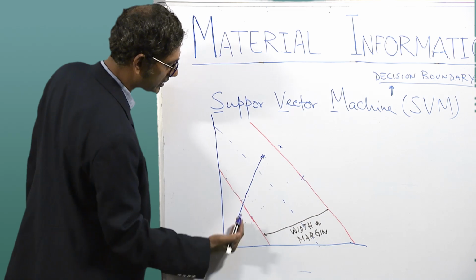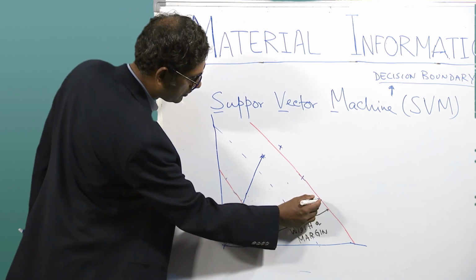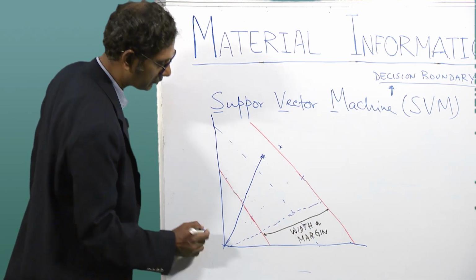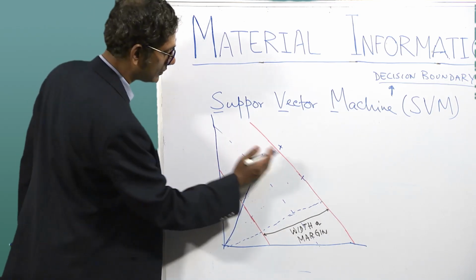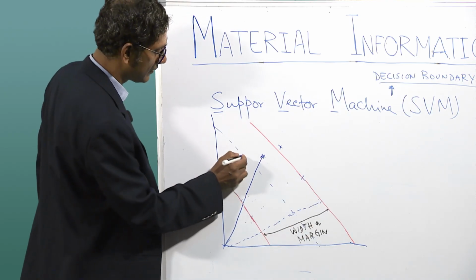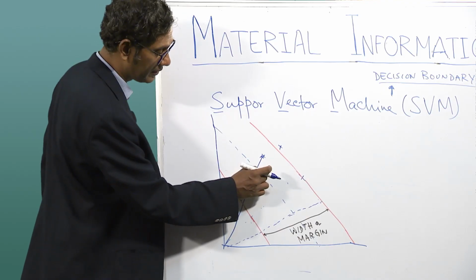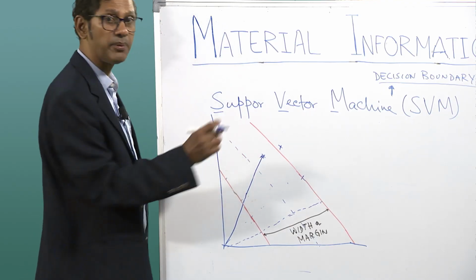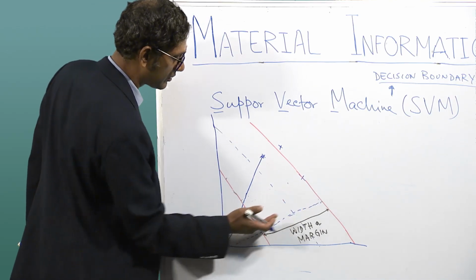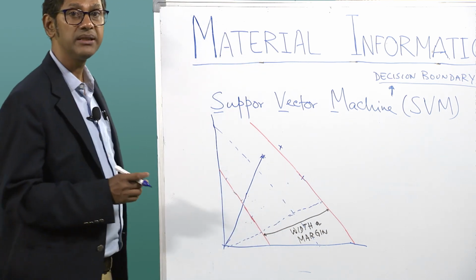So, if I project this line onto, parallel to this width, okay, project this line parallel to width, and if this distance is going to be larger than this distance from these two to the center line, then I can say this data point must belong to positive. But if this projection onto this width falls short of the center line, then this data point must be negative.